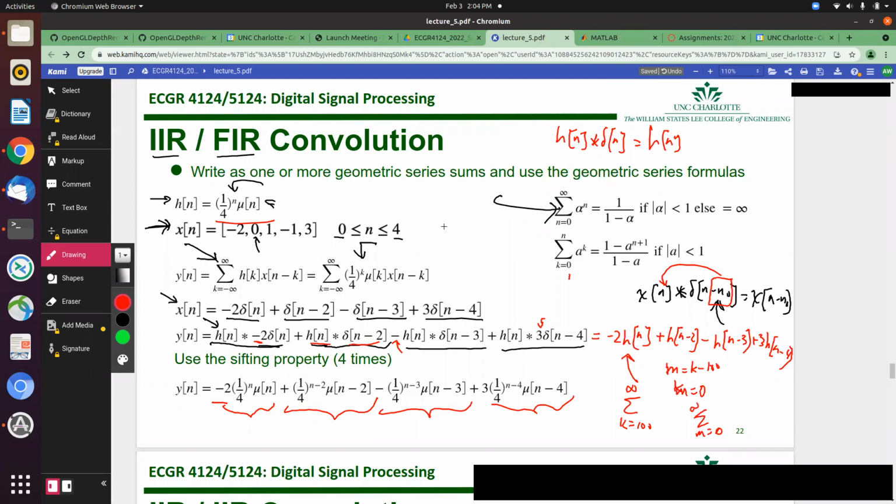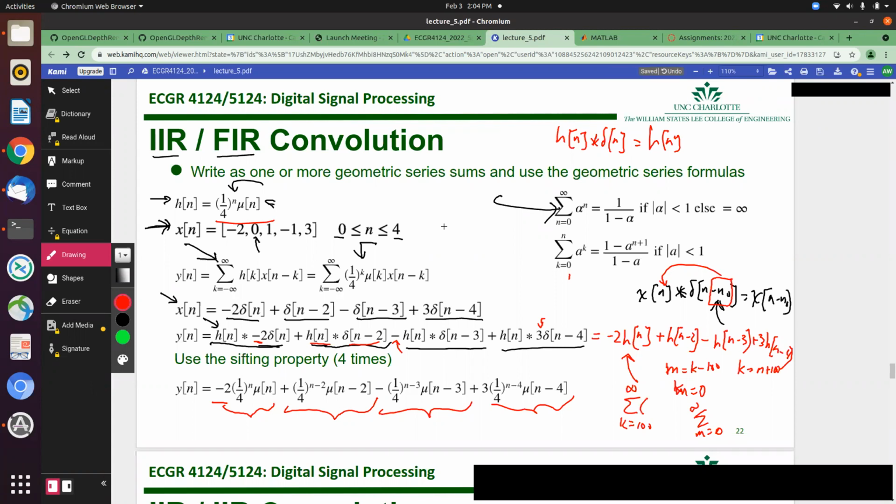So your sum starts at 0 and goes to infinity, but you have to cope with that substitution in the actual formula. Like if it was 1/4 to the k, you have to solve for k. k is equal to m plus 100.